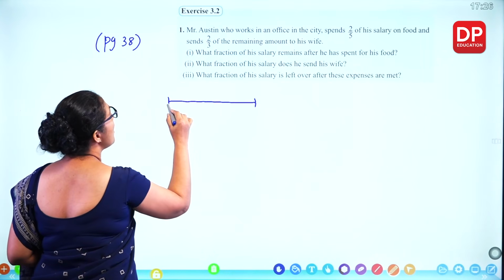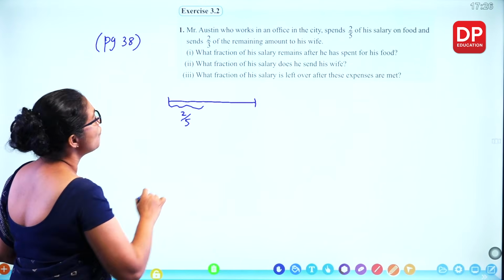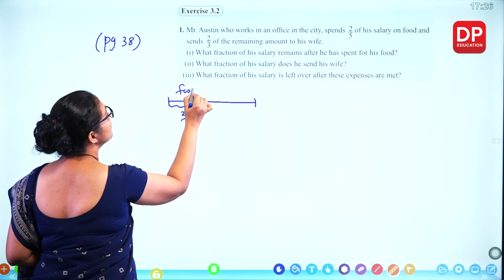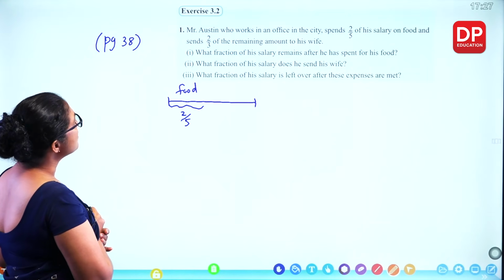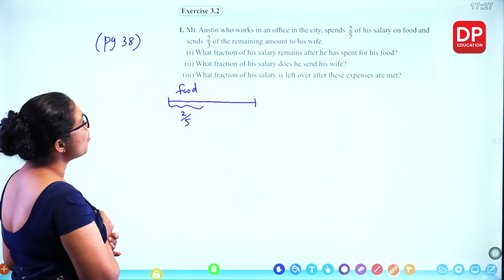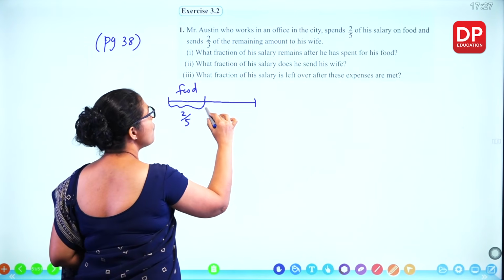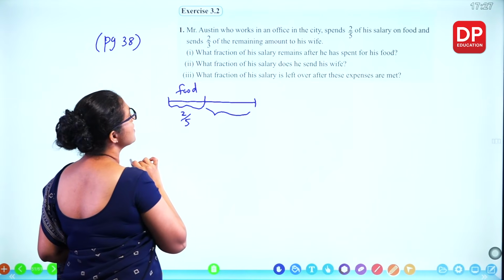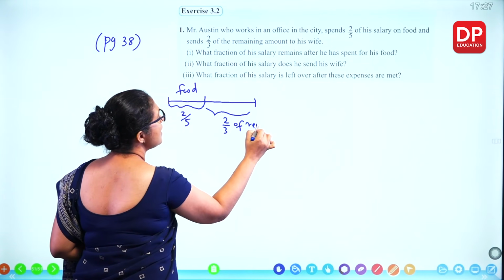If this is the whole part, 2/5 of that is spent for food. And sends 2/3 of the remaining amount to his wife. So 2/3 of the remaining part.